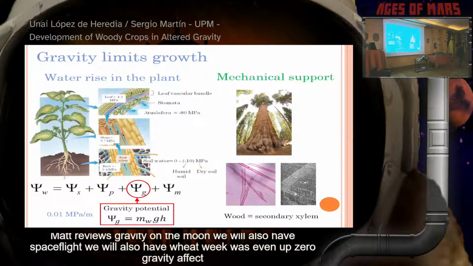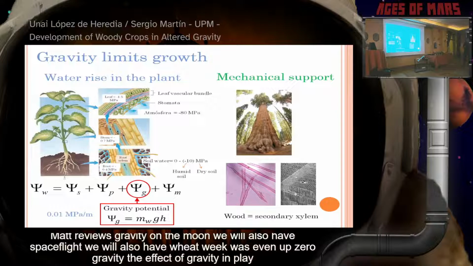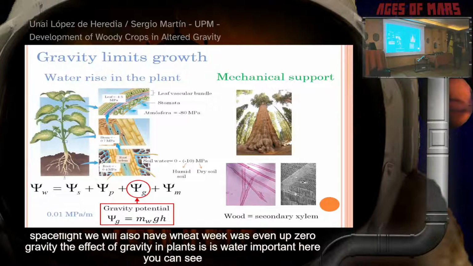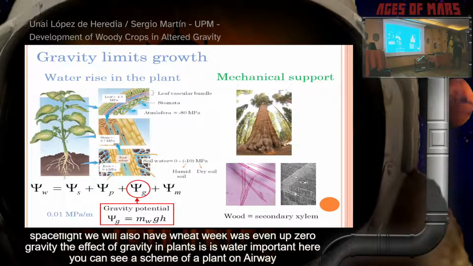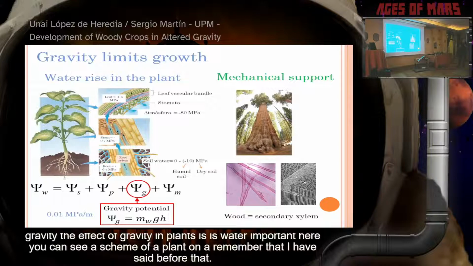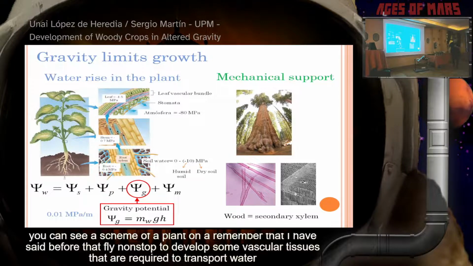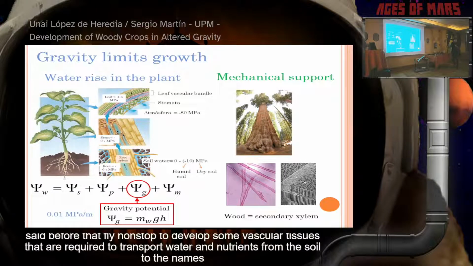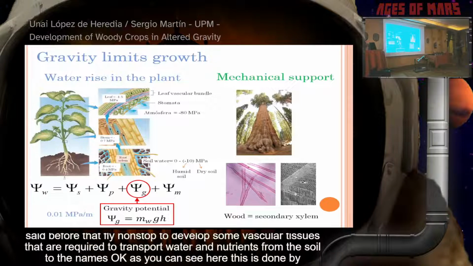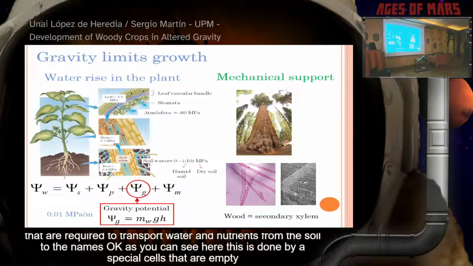The effect of gravity on plants is rather important. Here you can see a scheme of a plant, and remember that I have said before that plants have developed some vascular tissues that are required to transport water and nutrients from the soil to the leaves. Okay? So, as you can see here, this is done by special cells that are empty cells.